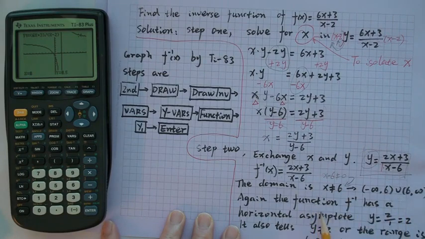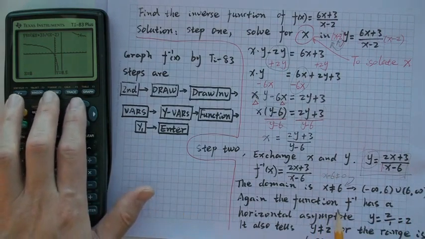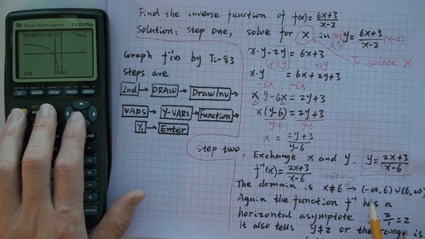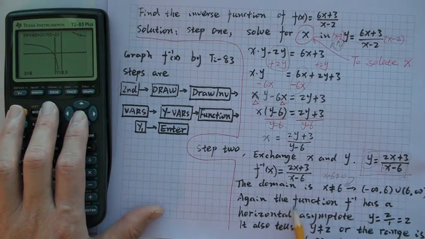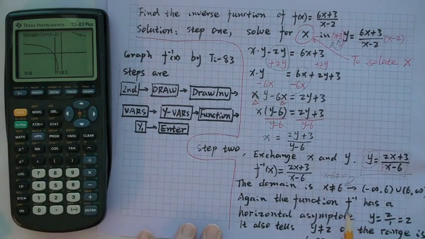Now, how about the range? This is a rational function, so you want to see the horizontal asymptote.